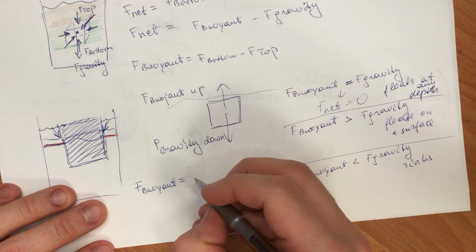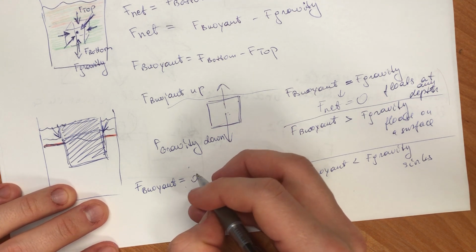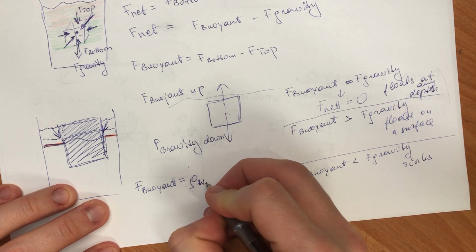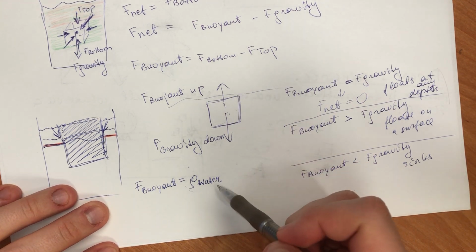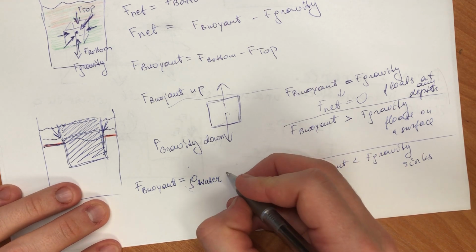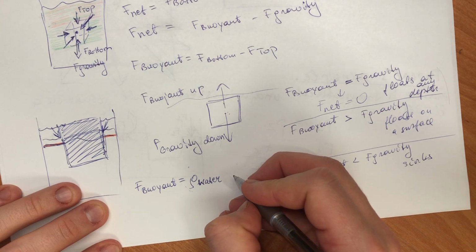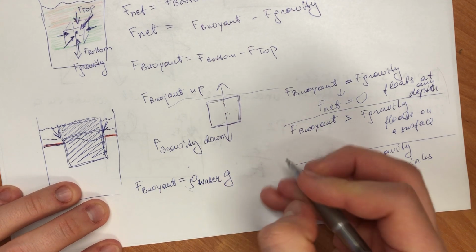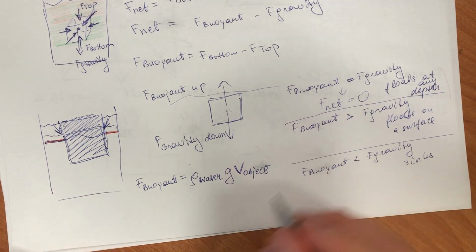It is the density of water, in terms of hydrostatic pressure, times g, times the volume of the object.